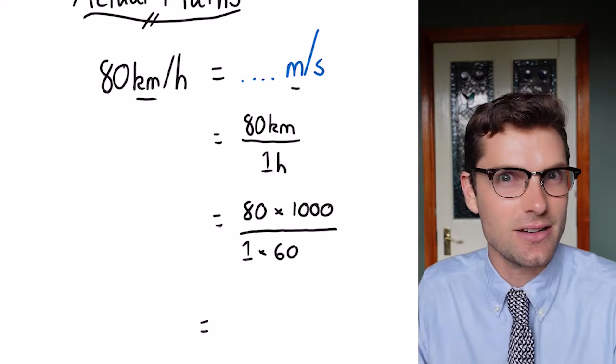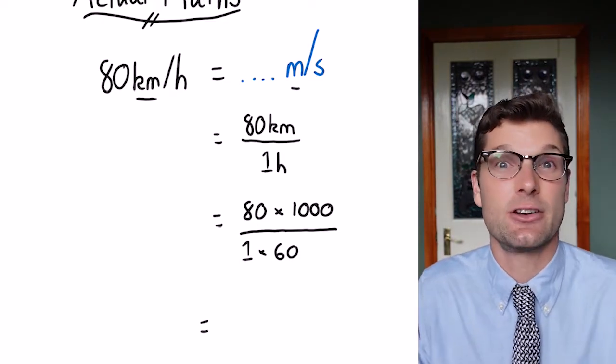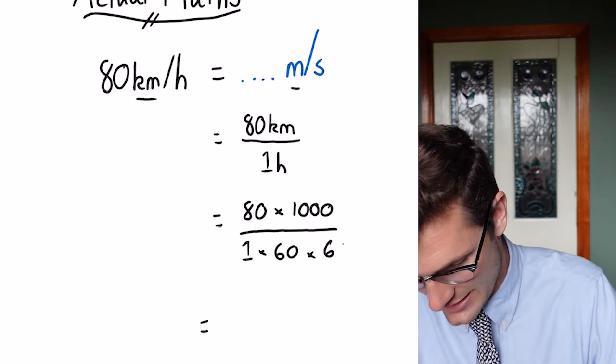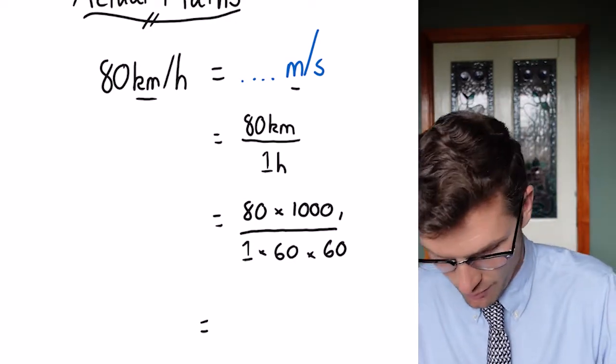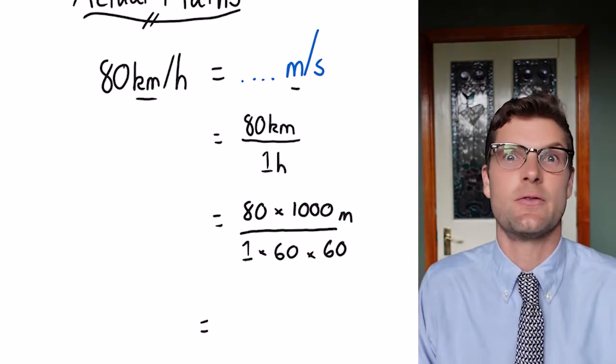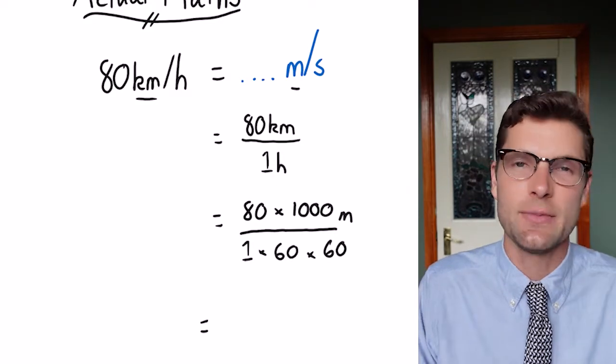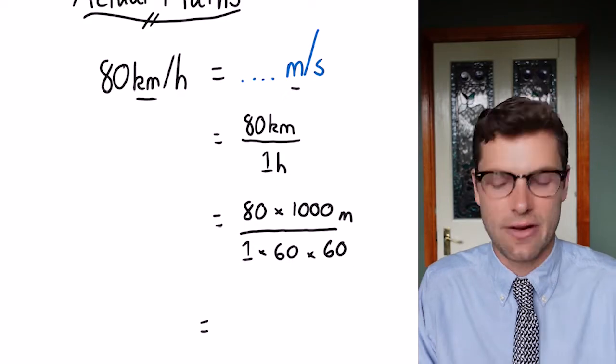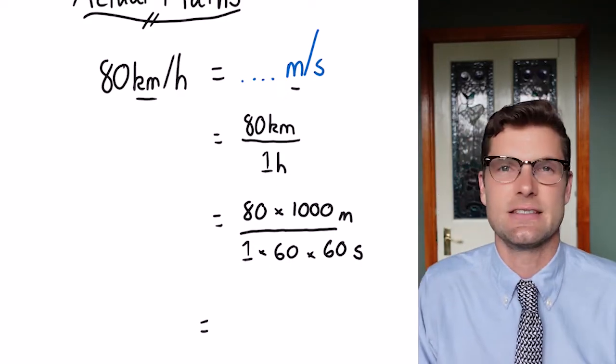But we don't want minutes, we want seconds, so we times by 60 again. Now we've got meters at the top, because 80 kilometers times 1,000 gives us how many meters we travel, and down the bottom, instead of hours, we've converted this to seconds.